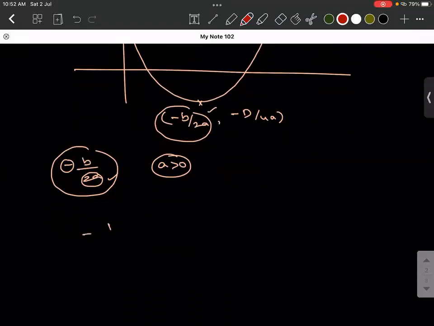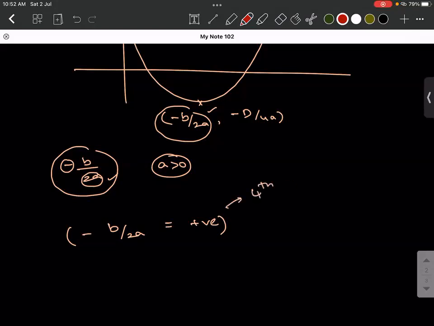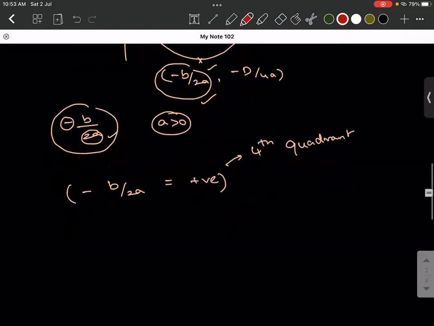This point, the x coordinate is minus b by 2a. And minus b by 2a is a positive value. How did I say it is positive? Because it lies in the fourth quadrant. In the fourth quadrant, x is positive, y is negative.